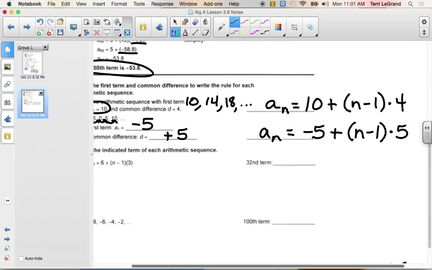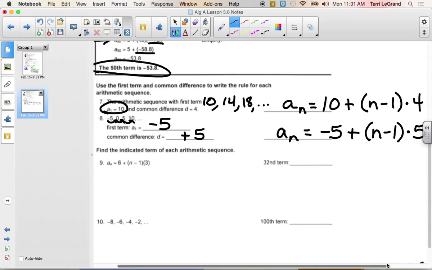So we need to be able to set up the rule so that we can use the rule when they say, oh, find the hundredth term. Trey, does the A have to be lowercase? Yes, it should be lowercase in this. And then the n should be subscripted there. So a sub n.